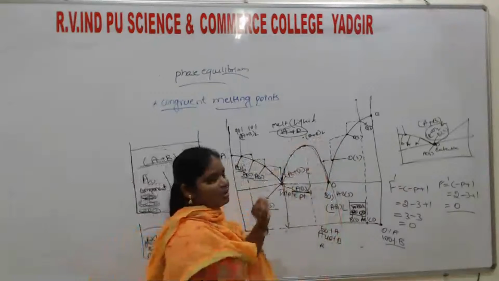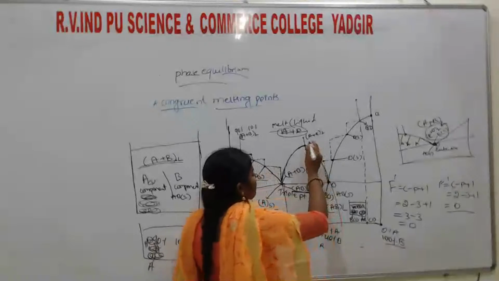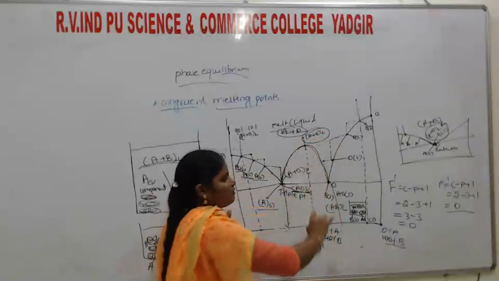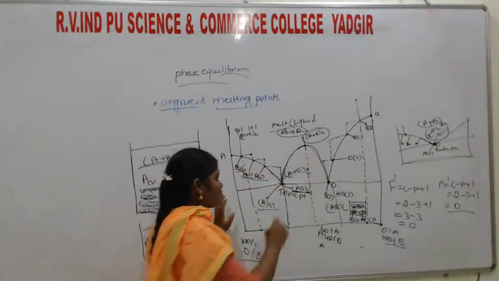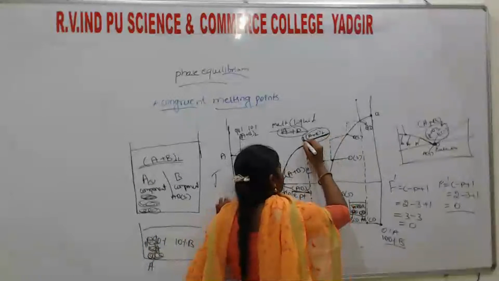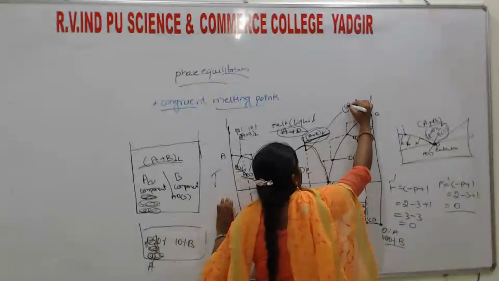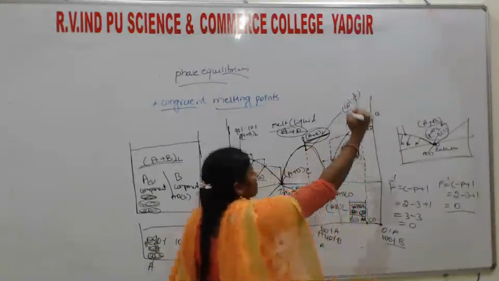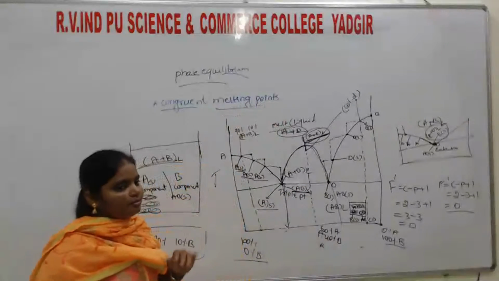When I cool this temperature, the whole liquid converts on the spot, that is solidification. That is a solid. When this point comes to here, the whole solution converts into a solid. This is known as a congruent melting point.